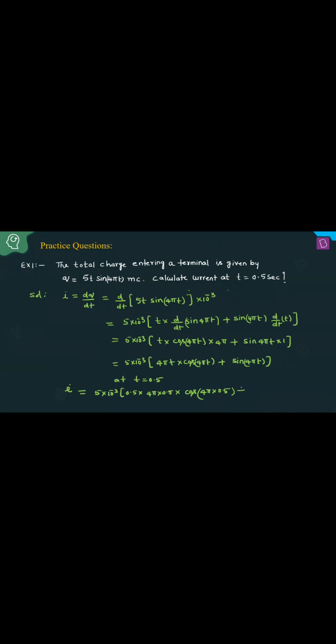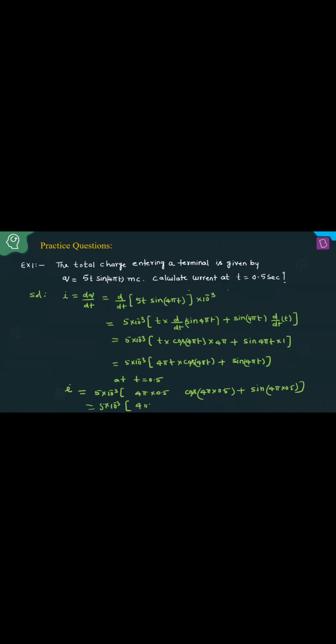So 4 pi into 0.5 cos 4 pi into 0.5, plus sin 4 pi into 0.5, at t equal to 0.5 second. That is 5 into 10 power minus 3. I substituted 0.5 into 4 pi twice here.